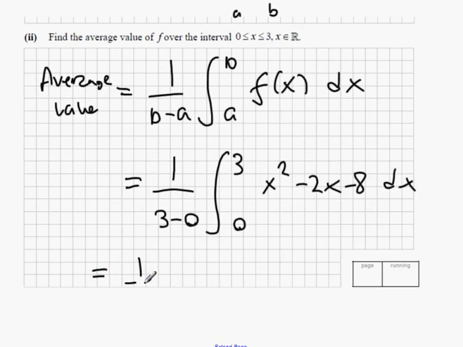So it's going to be 1/3 times the integral of... what happens when you integrate x squared? A third x cubed over 3. Yeah, so you add on a power to the old power, which was power 2. So now it's power 3. You divide by the new power, 1/3.